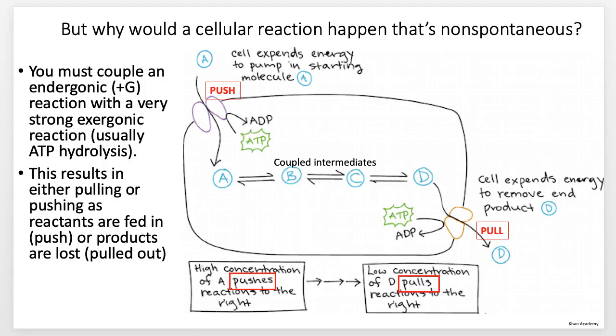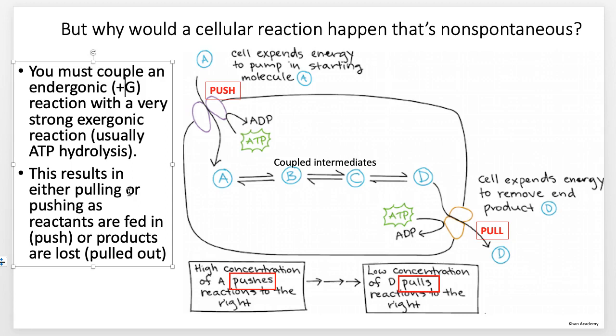What we're going to do is couple that reaction with ATP typically, or some other reaction that is exergonic, okay? If I have a non-spontaneous reaction, which by definition is endergonic, it has a positive delta G, we're going to either push or pull the reaction through the entire process. When we look at glycolysis, we're going to see this a lot.